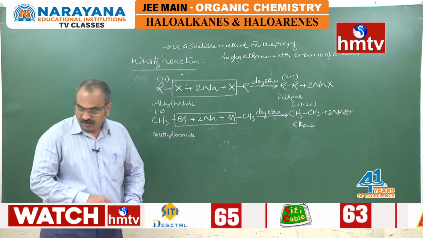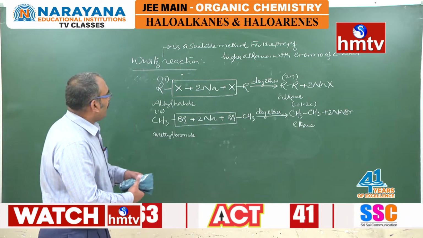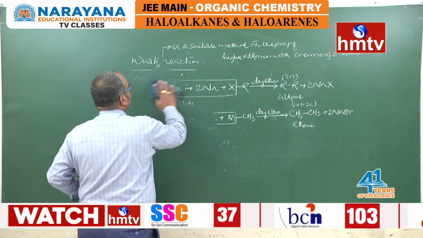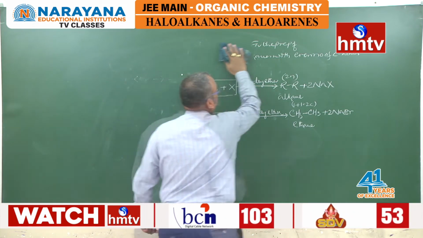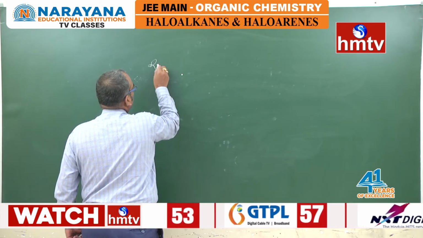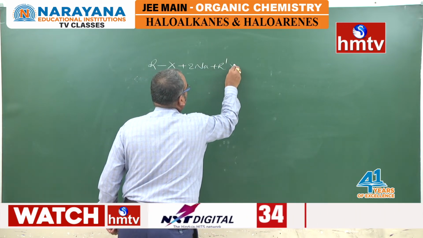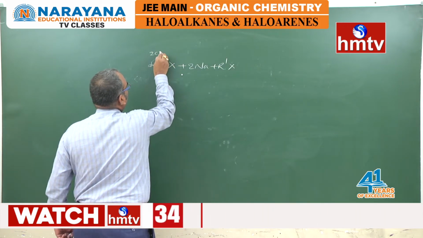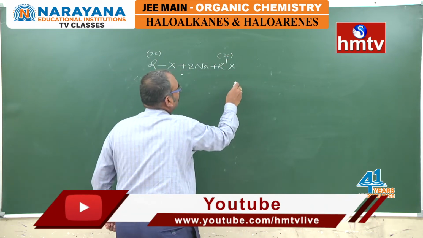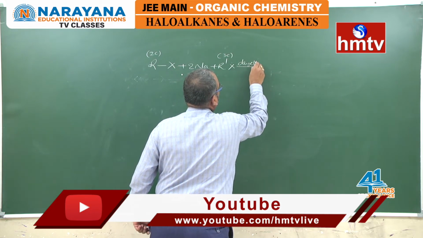Here the alkyl halide methyl bromide has one carbon atom, so it has 1 plus 1, 2 carbon atoms. This is ethane. If you want to prepare an alkane with an odd number of carbon atoms, then you have to take two different alkyl halides, that is RX and R'X. Say RX has 2 carbons, R'X has 3 carbons, in the presence of dry ether.